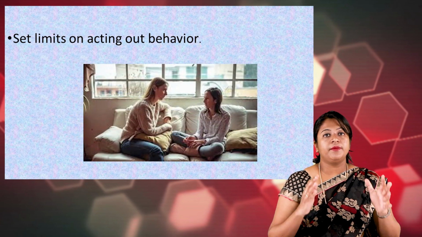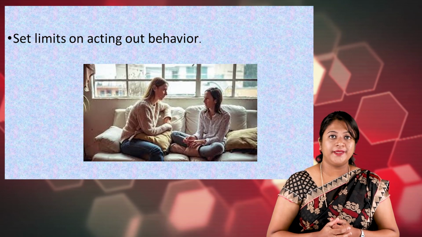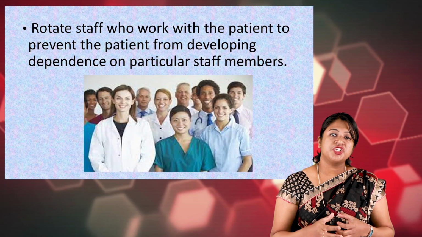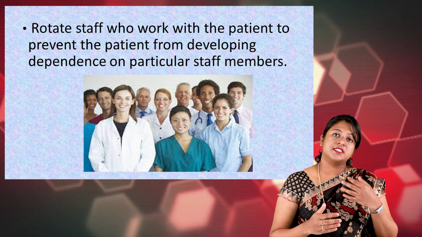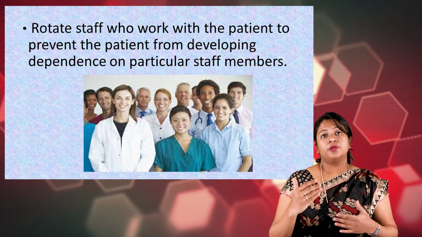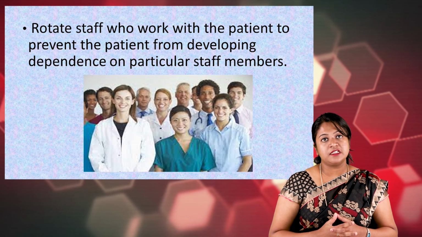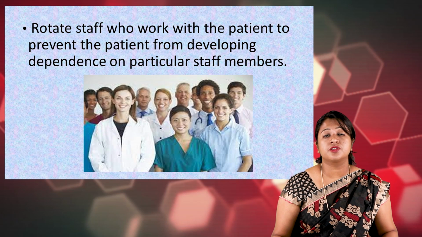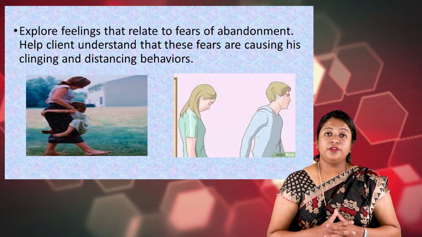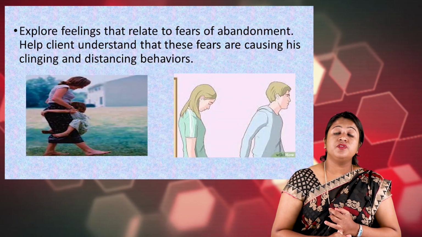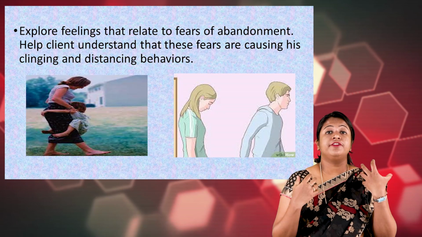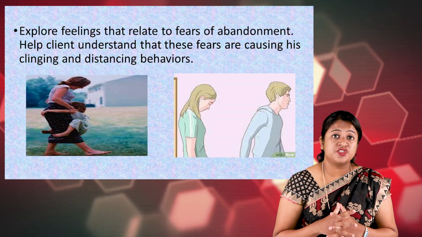You can set limits on acting out behavior. Since most of the time these patients are very dependent, see to it that the staff are rotated on a frequent basis, so that he will not depend on a particular staff for meeting his or her needs. Another important feature is that the client will always have a fear of abandonment. He will develop a feeling of clinginess or attachment.